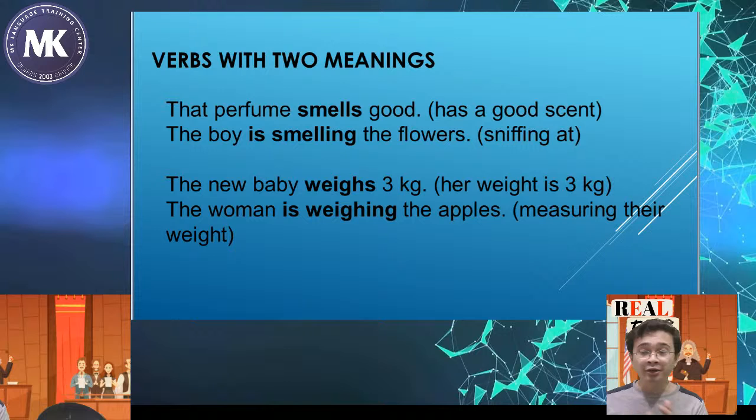So weighing here means measuring their weight. They're trying to get the measurement, or how heavy the apples are. So there is physical activity there, even though we use weigh in our sentence. And so that one is a dynamic verb.